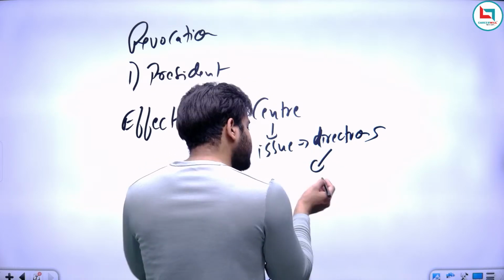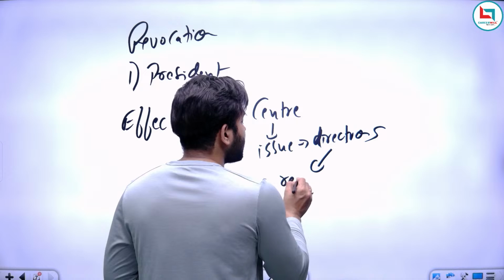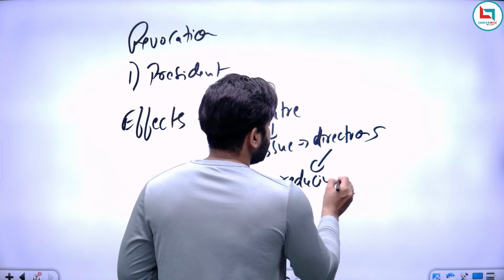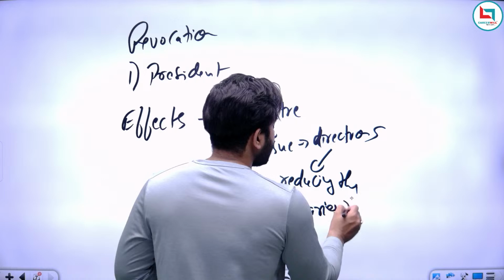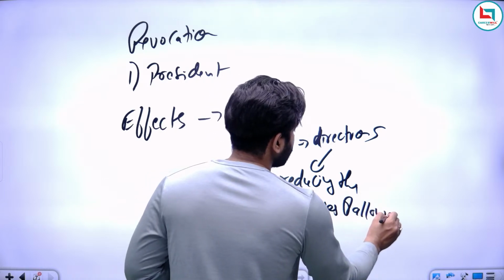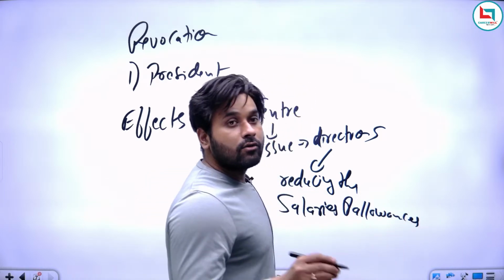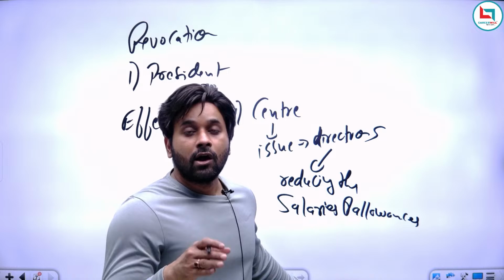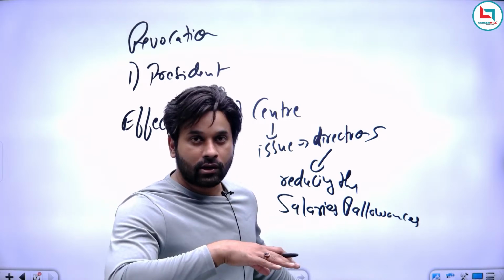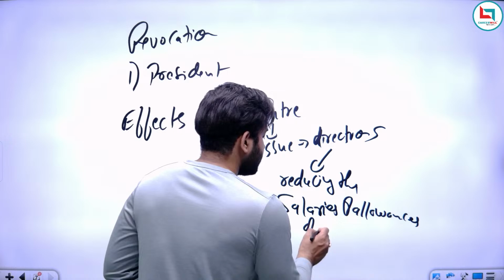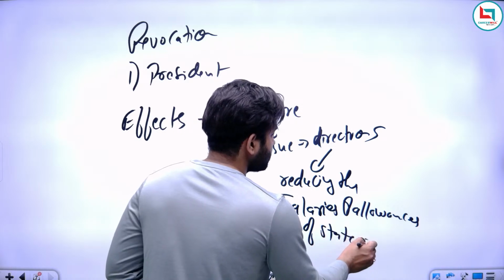So now during financial emergency, the center can issue directions to the states, pertaining to, for example, reducing the salaries and allowances. So the central government can direct the state government to reduce the salaries and allowances of their government employees, of state employees.